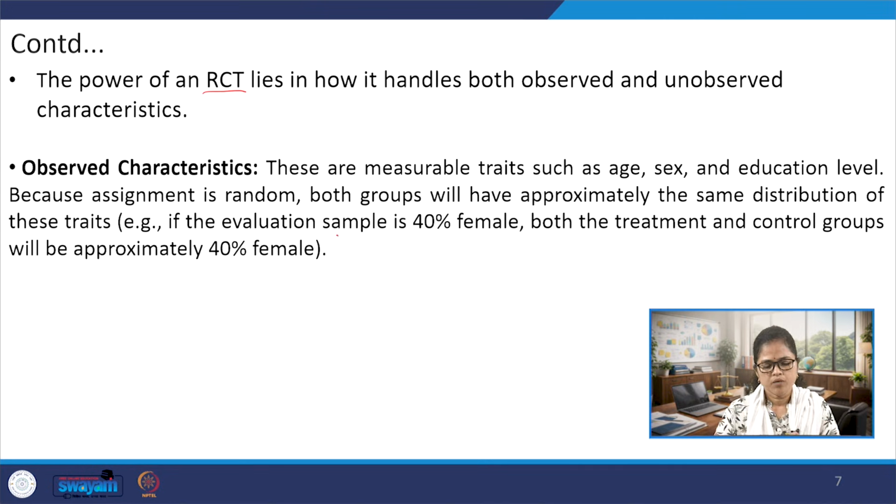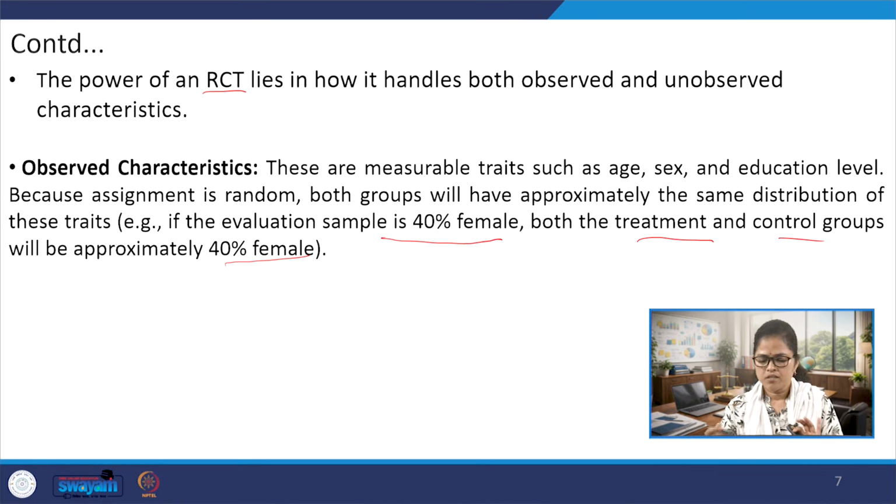Let us say that if the evaluation sample consists of 40% female, then we need to ensure that both the treatment group and control group should have approximately 40% female. Okay, so this is one of the observed characteristics, that the components of the evaluation sample should be reflected in the treatment sample and the control group sample.